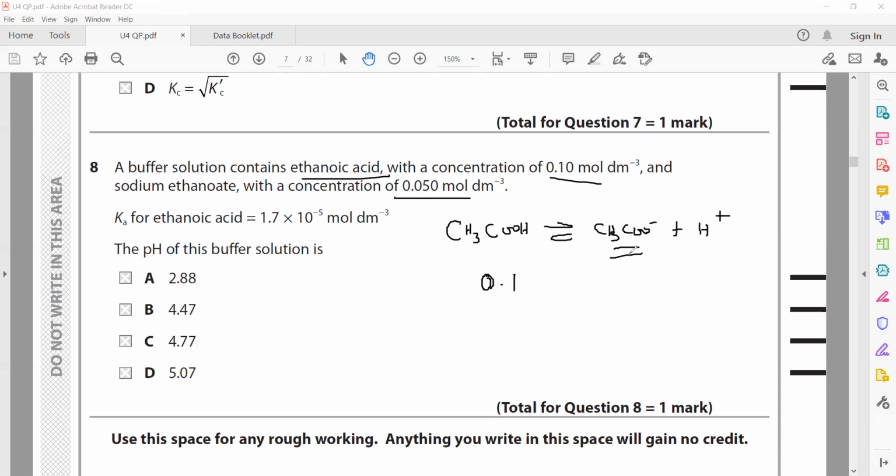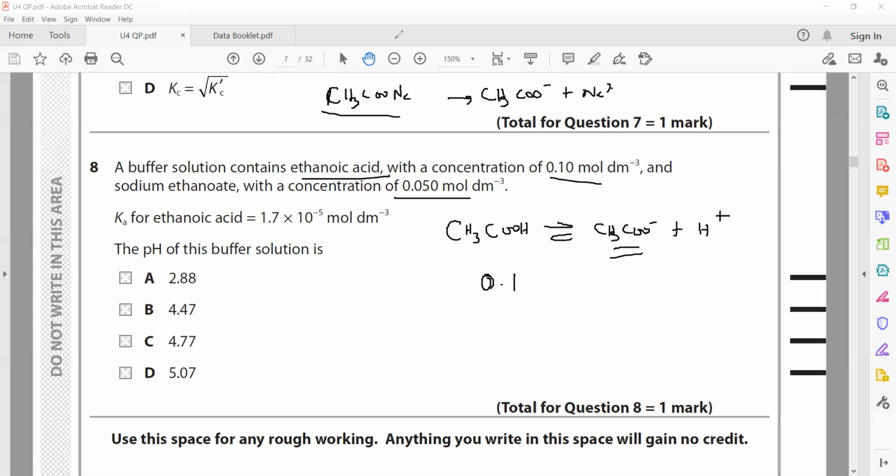And from where do we get this acetate ion or ethanoate ion? It's from the salt, sodium ethanoate. As we have sodium ethanoate, CH3COONa, it will dissociate into CH3COO- and Na+. Because it dissociates completely, the concentration of CH3COONa is the same as the concentration of CH3COO-.